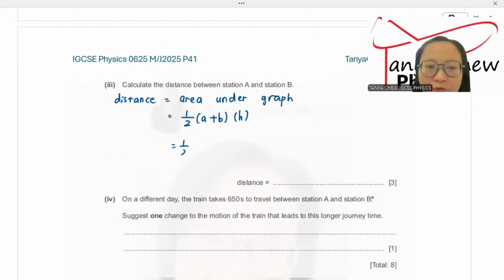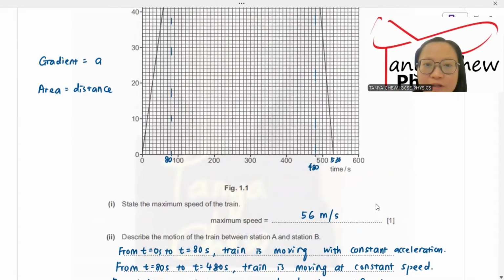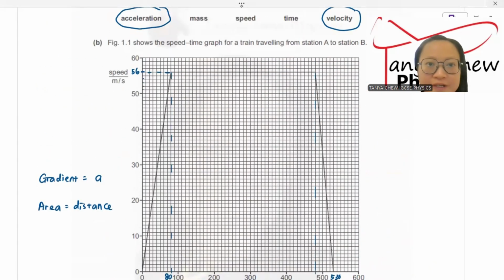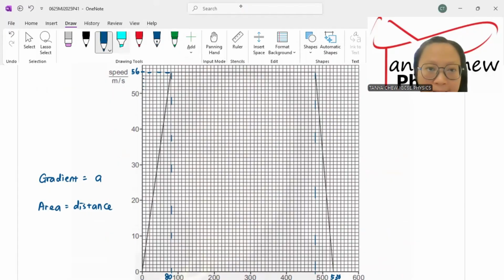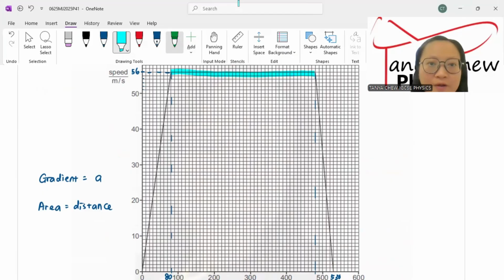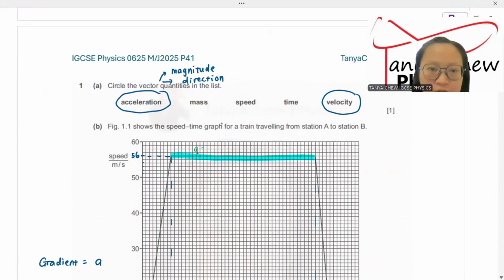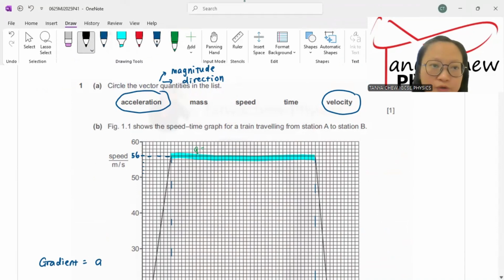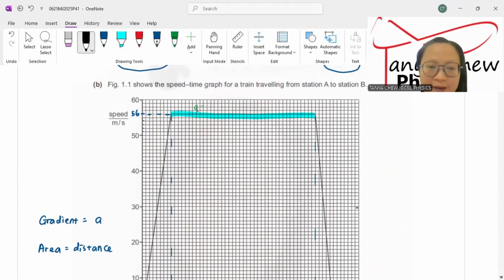I'm going to put half first. A is actually this part. I'm going to highlight it for you. This is A. So I'm going to write down the value of A first. How do you get A? You need two values to get A. A is from 80 to 480.